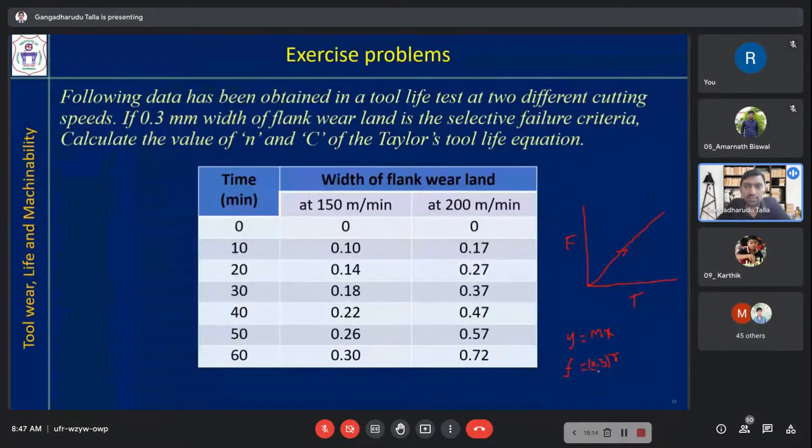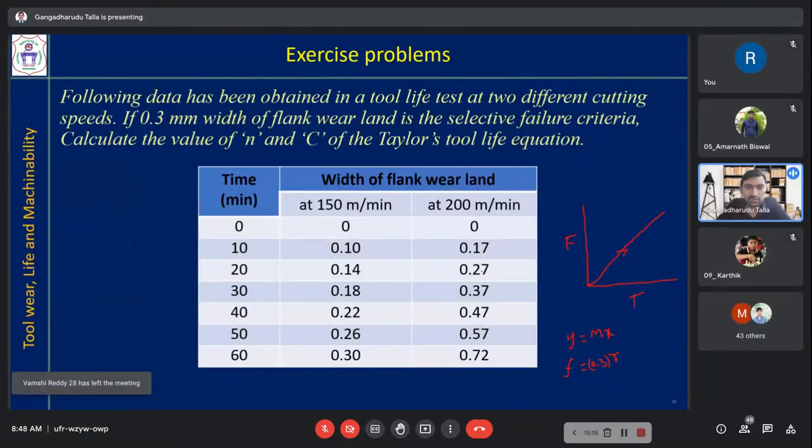Is it 0.3? If we apply a slope for 20 and 30 time, we are getting 0.01, sir. Yeah, it should be 0.01. No? Just please re-verify. It is 0.01.